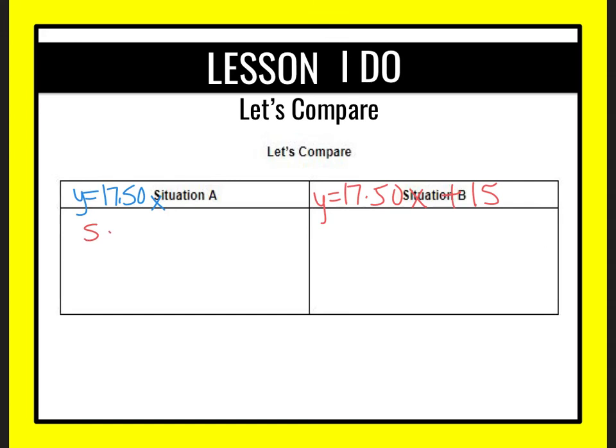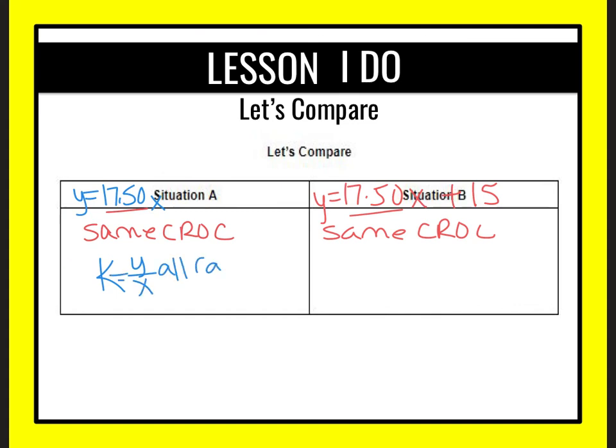They have the same constant rate of change, 17.50. However, when we check their ordered pairs, in this one, all ratios are equal. I'm dealing with a proportional situation. This is proportional because every single x and y coordinate gave me 17.50.